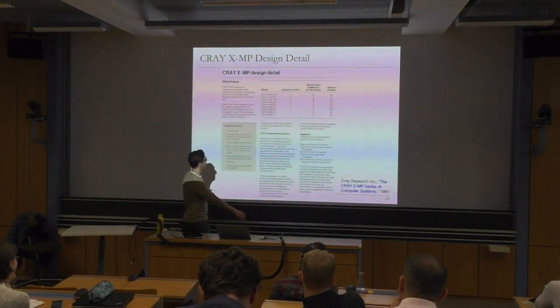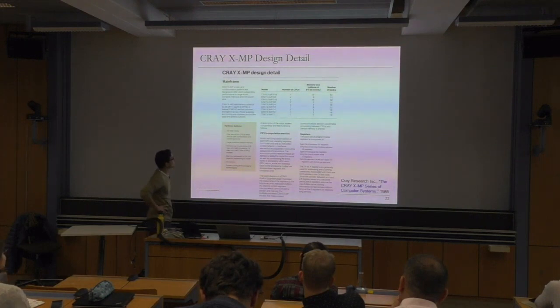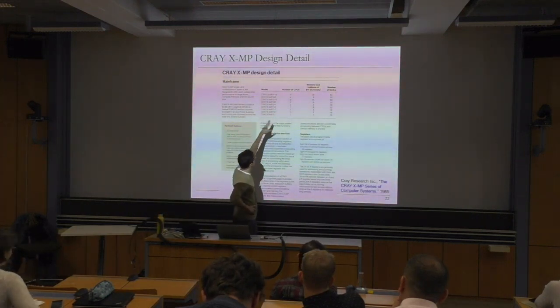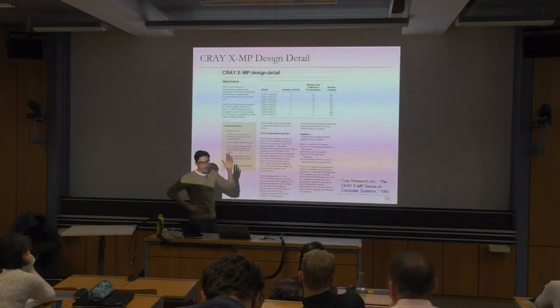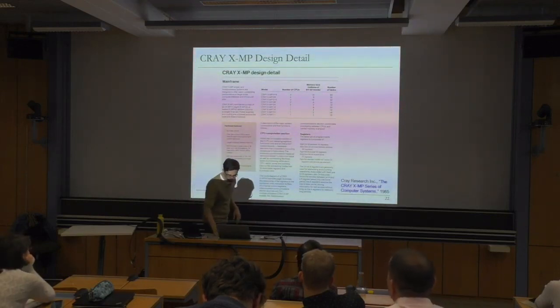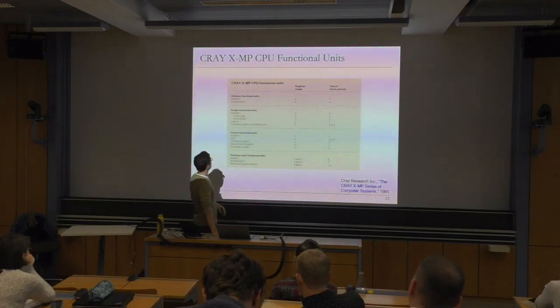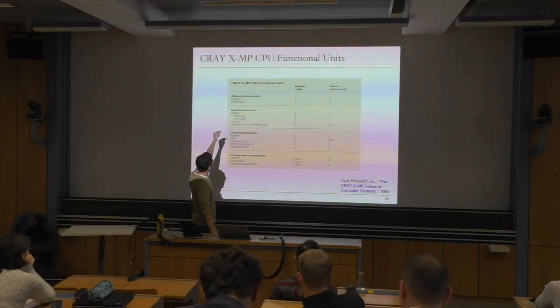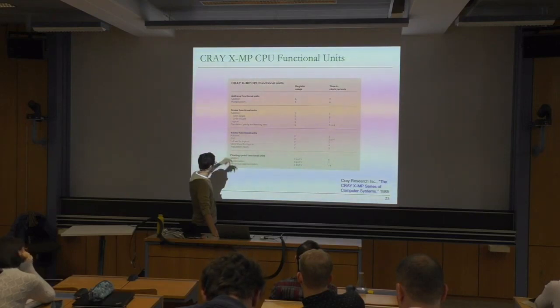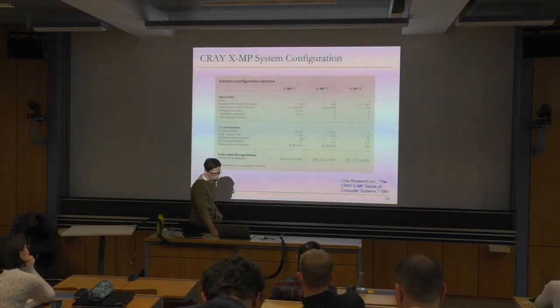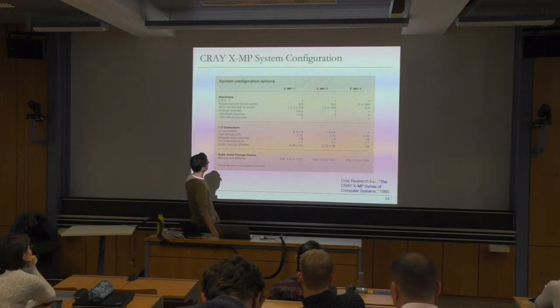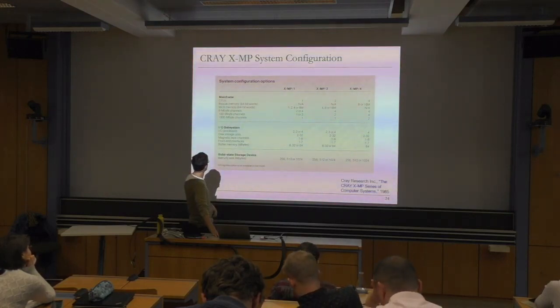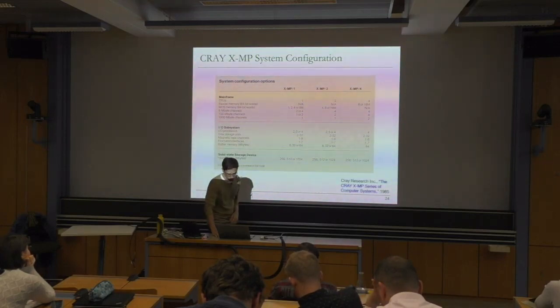A little bit more information about the different models of this Cray X-MP, different number of CPUs, memory size, number of banks, etc. A few more details about the functional units, address, scalar, vector, floating point, and about the system configuration and the different models, like information about type of memory, storage units, etc.